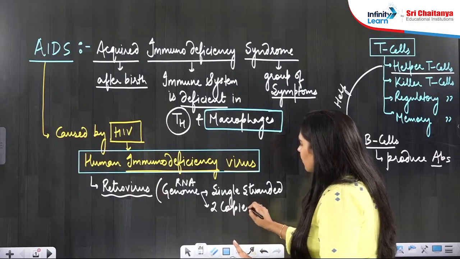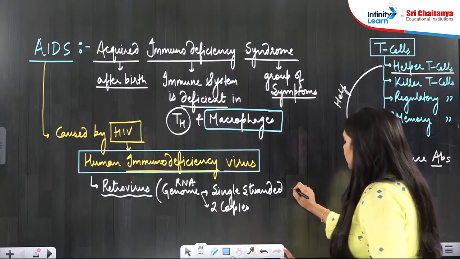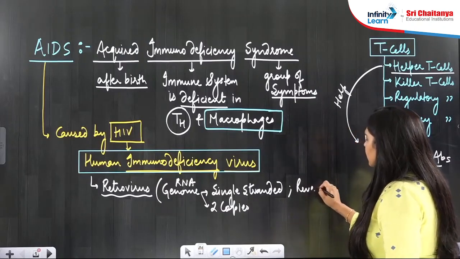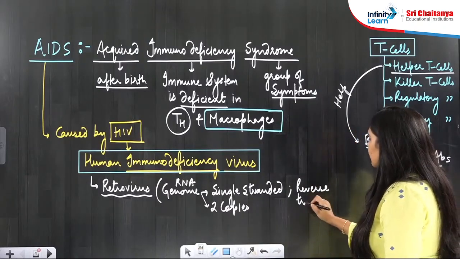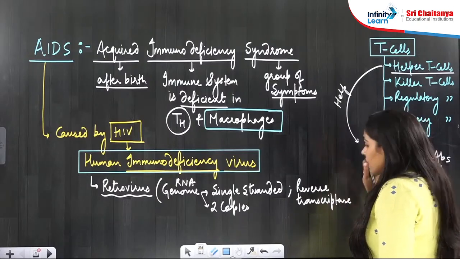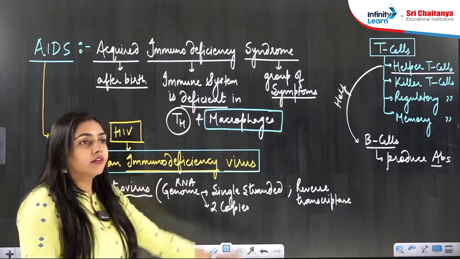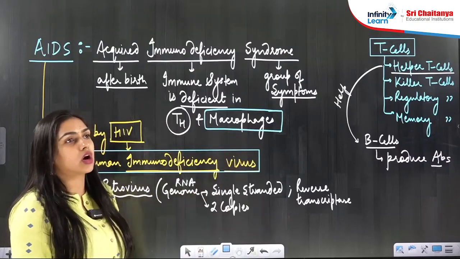Along with this RNA genome, they have an enzyme that is, beta, reverse transcriptase. Very, very important enzyme. Without this enzyme, it cannot cause the disease.